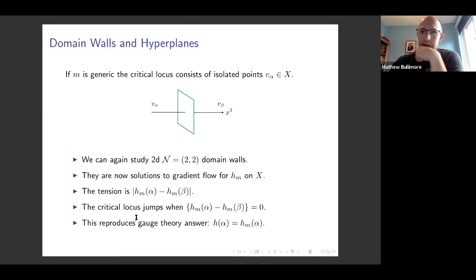And we can recover exactly the same structures we saw in the gauge theory from a sigma model point of view. In some sense, it's a special case. So just like before, if the masses are as generic as possible, then the critical locus of this function will just be a bunch of isolated points, which you can identify with the supersymmetric vacua.